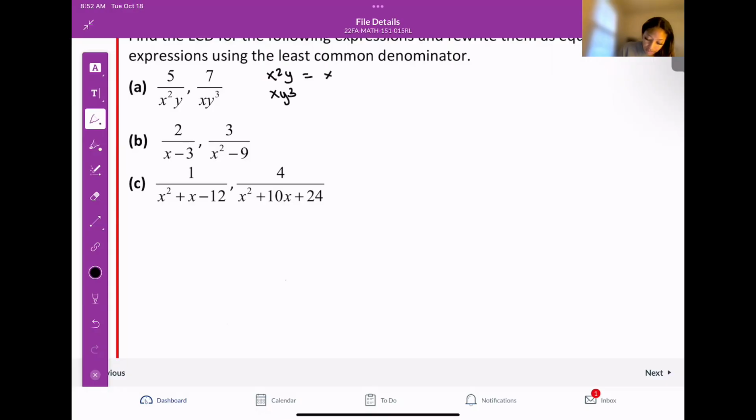The first denominator is x times x times y. The second denominator is x times y times y times y. We need, where's the most number of x's? 2 x's and 3 y's. So the LCD is going to be x squared times y cubed.